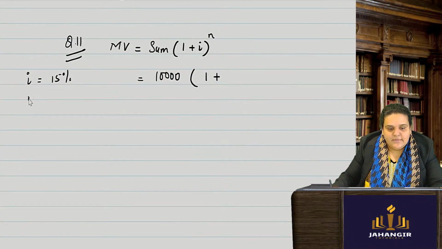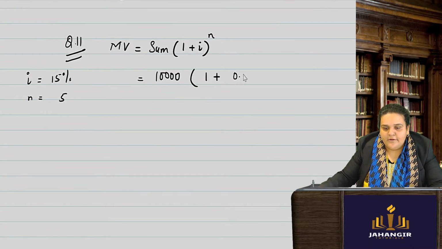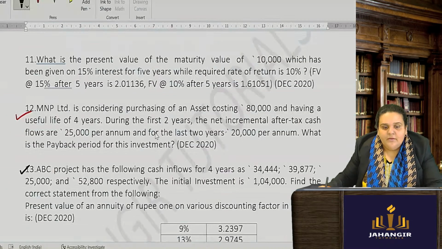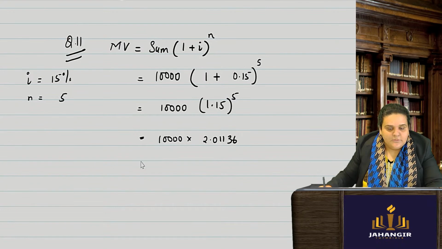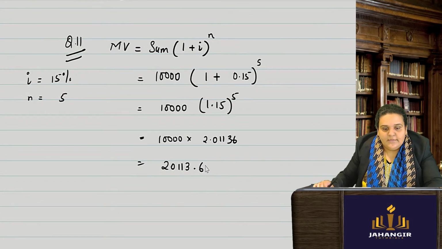So I is 15%, N is for 5 years. So 15% means 0.15 raised to 5. So 10,000 into 1.15 raised to 5. They have given me that the factor for 15% is already given, 2.01136. So I will multiply 10,000 by 2.01136. So my answer will be 20,103.6. That is my maturity value.